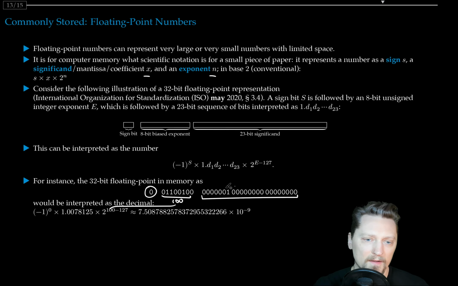So that converts to 1.0078125 in base 10, and we can multiply it out to represent this number, which is a very small number, and it can still be represented in 32 bits.